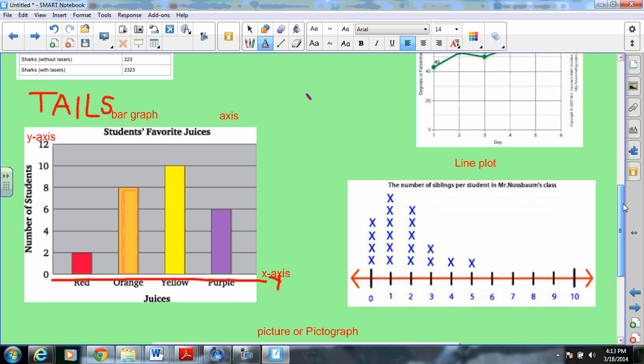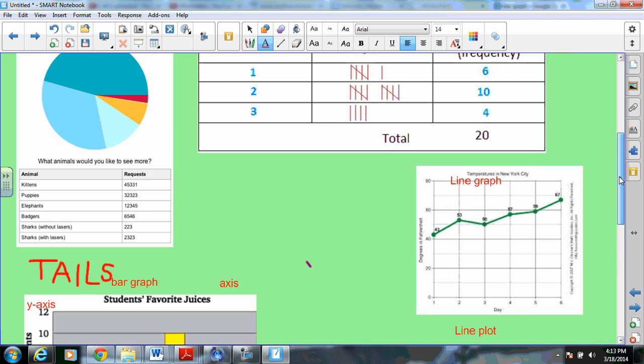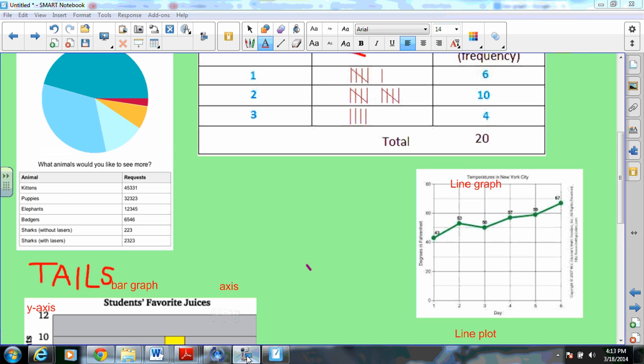That should be simple for you to have. So they have categories on here, and even though they're a little blurry, they're there. They don't have a title, they don't have labels on this one, but it does have a y-axis and an x-axis. So that's what I wanted to tell you about the parts of a graph.